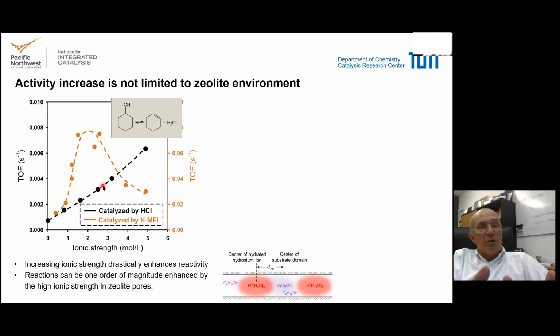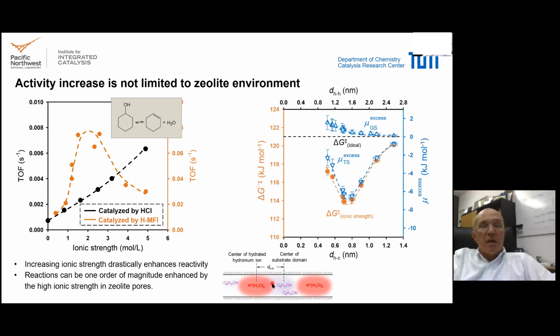So overall, we know that about 1 order of magnitude is caused by the local environment, the stabilization of the transition state. 1 order of magnitude is caused by the increase of the charge density between those two hydronium ion clusters. We can explain this in terms of transition free energies.